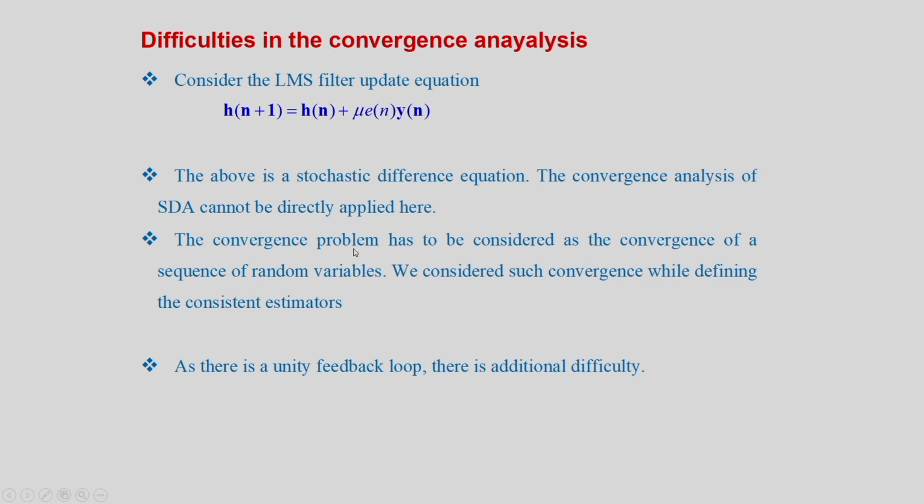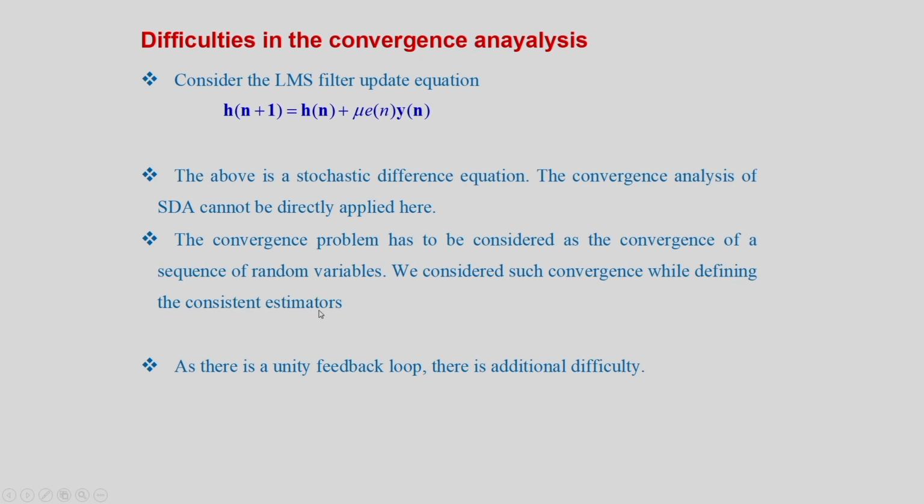The convergence problem has to be considered as the convergence of a sequence of random variables. This h(n) sequence is a sequence of random variables. We consider such convergence while defining the consistent estimators.